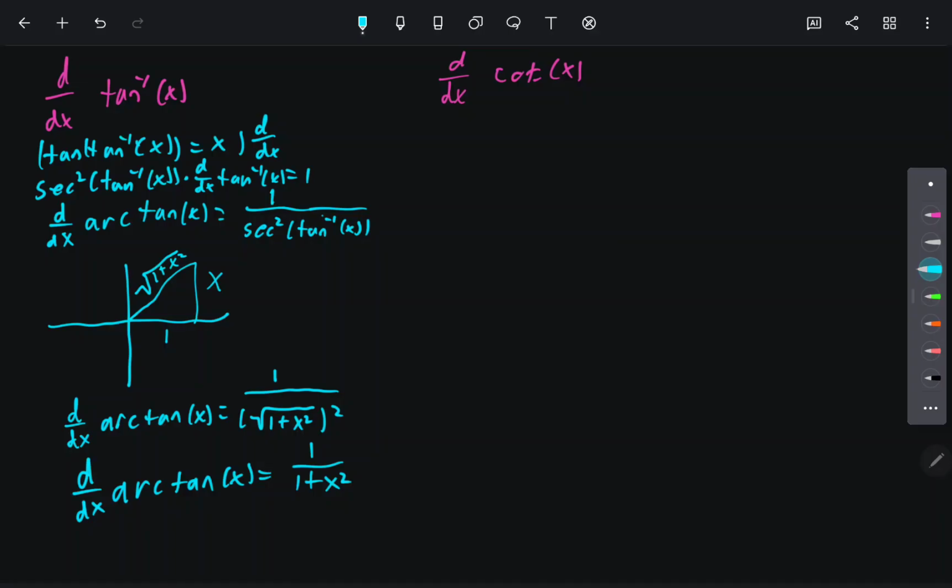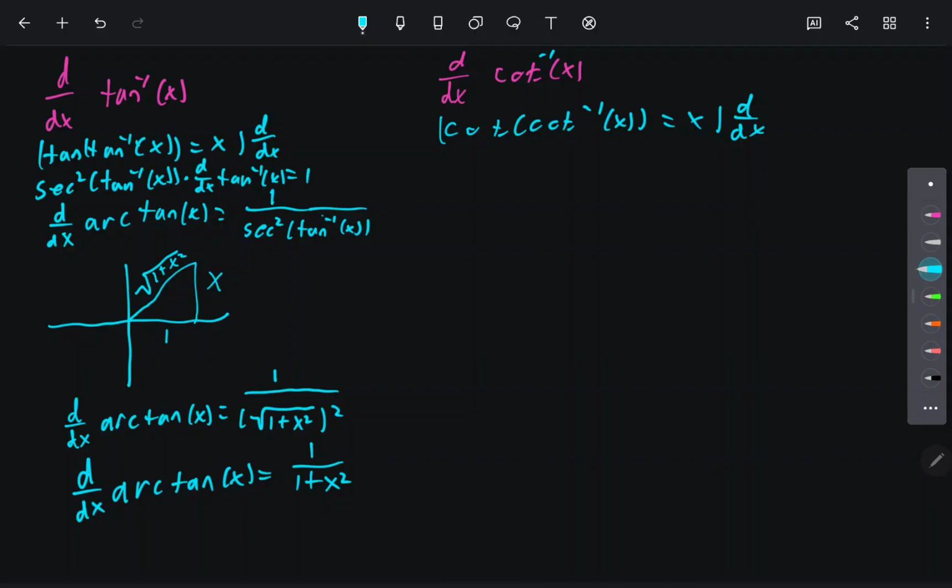Now let's do the same thing for cotangent. Well, apparently I forgot the inverse up there, but cotangent of cotangent inverse of x is equal to x. Okay, now what? We take the derivative with respect to x. Okay, what do we do now?